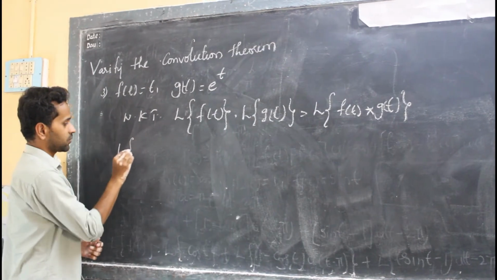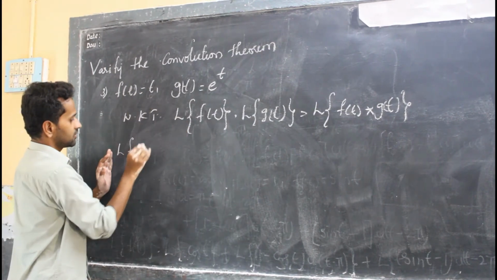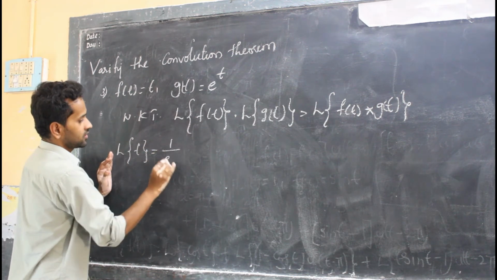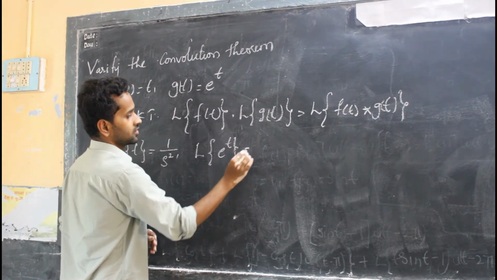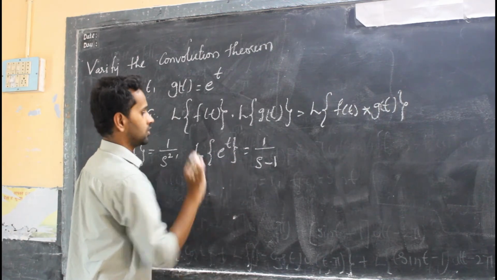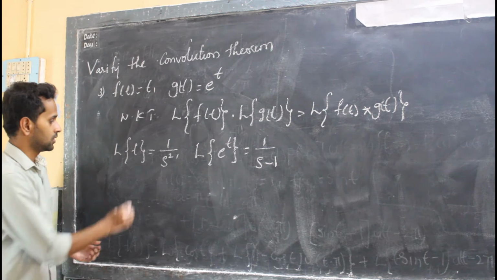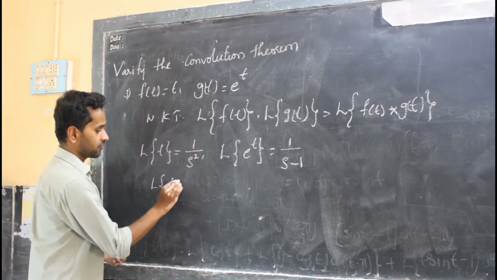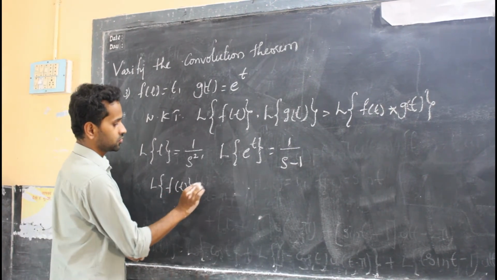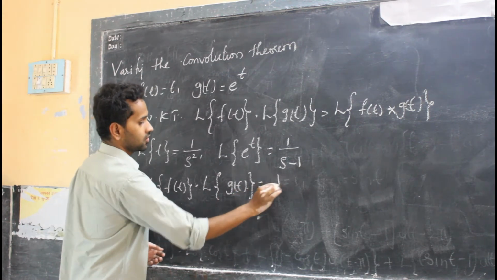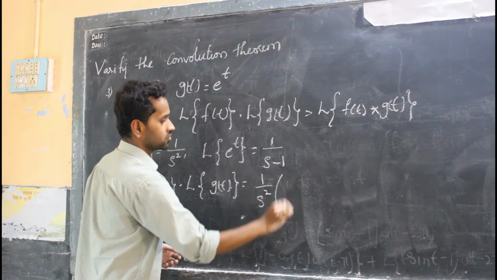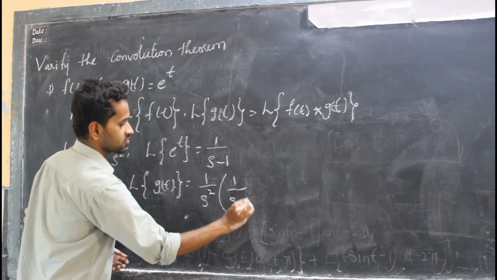So here Laplace transform of f of t is 1 by s square. Laplace transform of e to the power of t is 1 by s minus 1. So now Laplace transform of f of t into Laplace transform of g of t equal to 1 by s square into 1 by s minus 1.